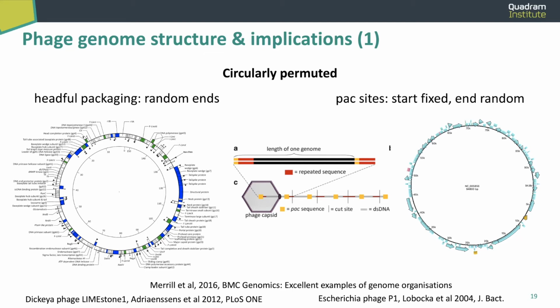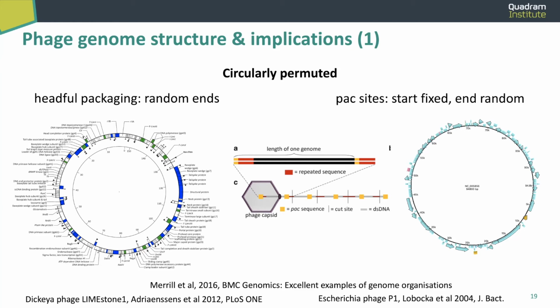The first one that I want to cover is the genomes that are circularly permuted. I included one of the first genomes that I did myself for my PhD, which is DKFH limestone 1, which is circularly permuted and is packaged through headful packaging with random ends.